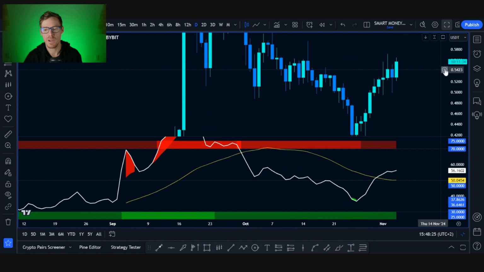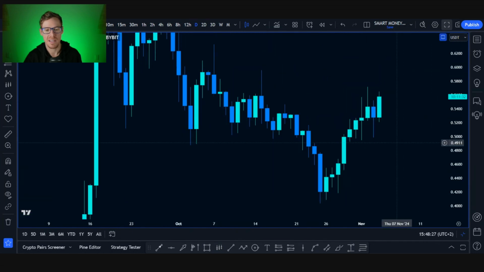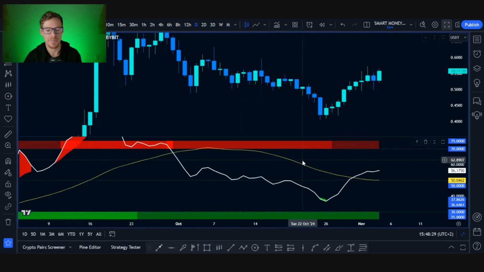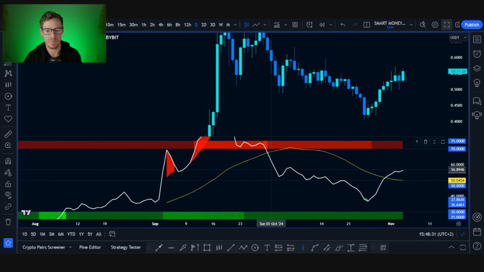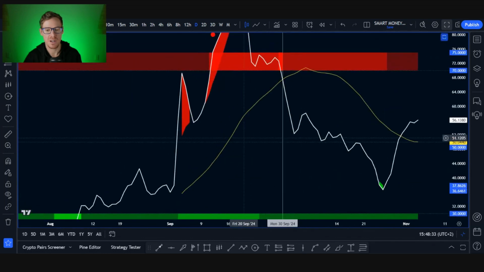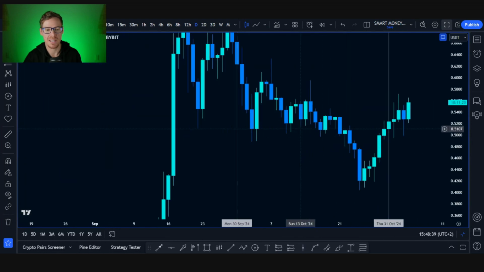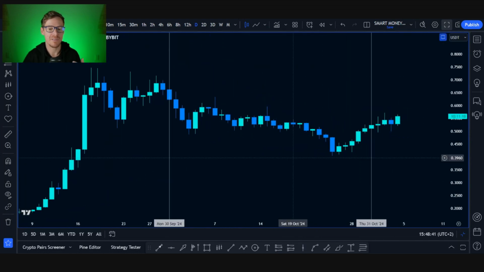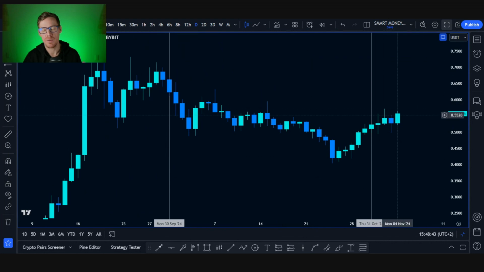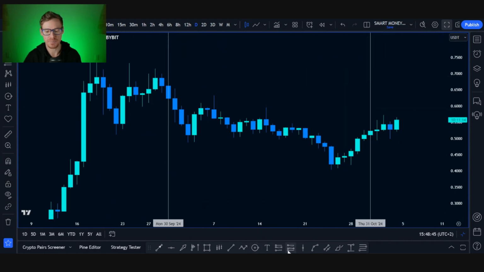Like, look, if we go into the daily for a second and we just do this on the daily, you'll see this is where it broke below. I'm just marking broke below, and this is where it broke above. And you can see over here, the daily won't give as accurate information, but it will be solid information.